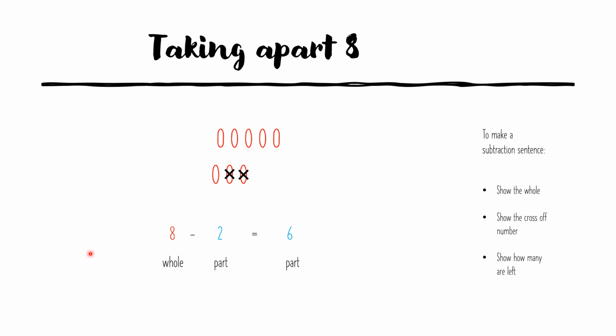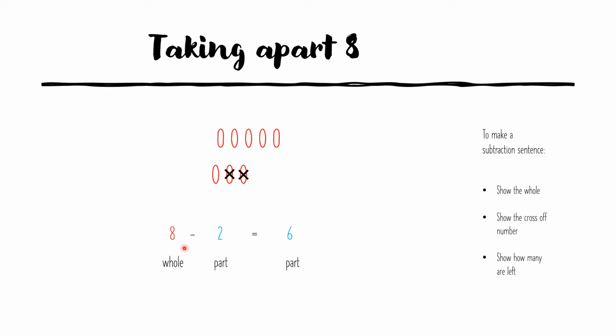Can you say it with me? Let's read it together. 8 take away 2 equals 6. Or we might want to say it this way. 8 circles all together, take away 2 circles, leaves 6 circles.